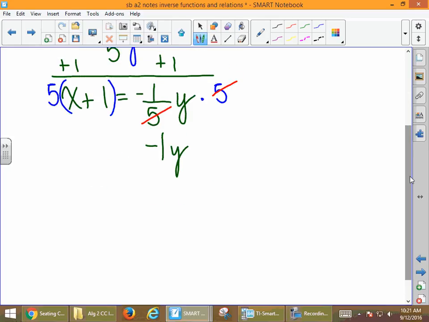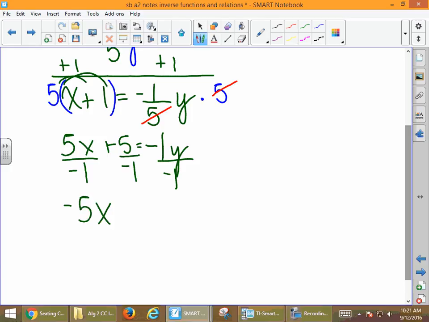And on the left side, when we distribute our 5, we end up with 5x plus 5. But we're in step 3, which says solve for y. We need to divide by negative 1. We end up with negative 5x minus 5 equals y.